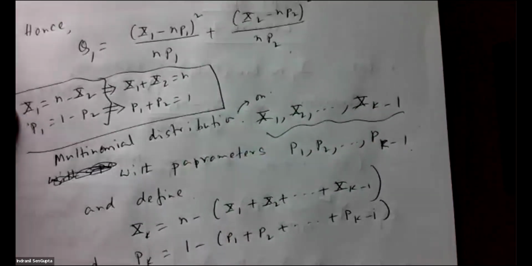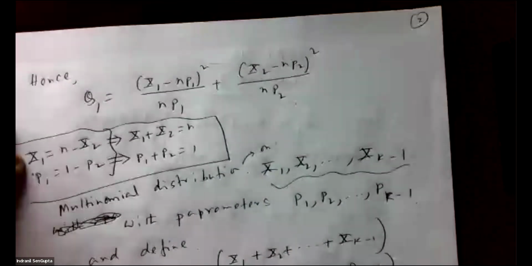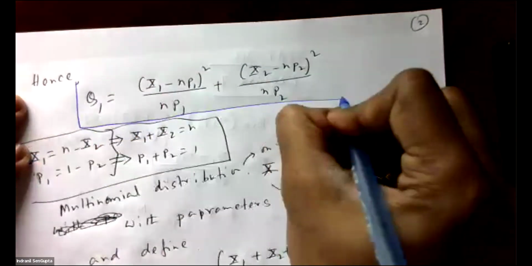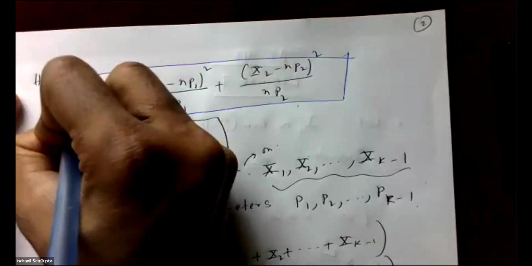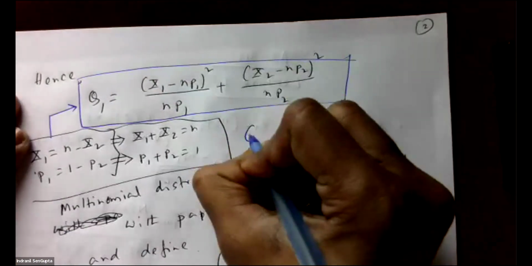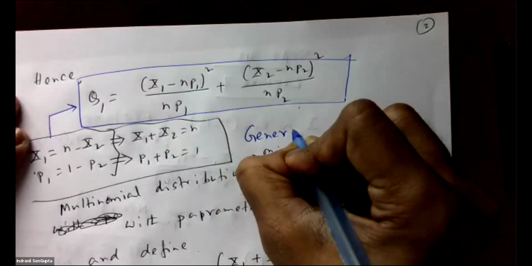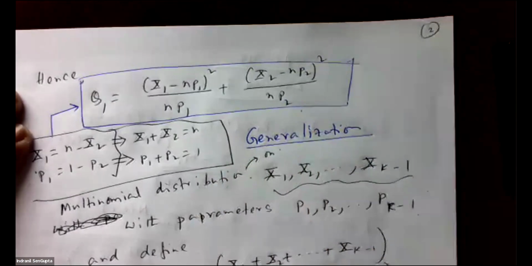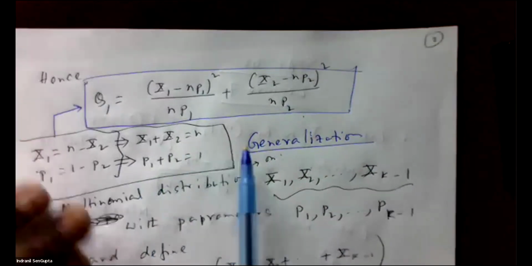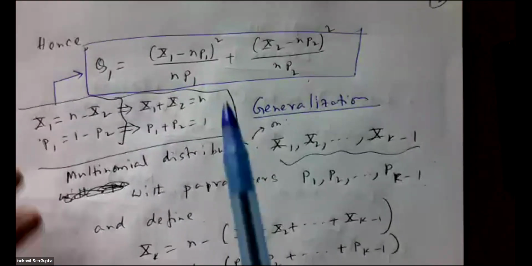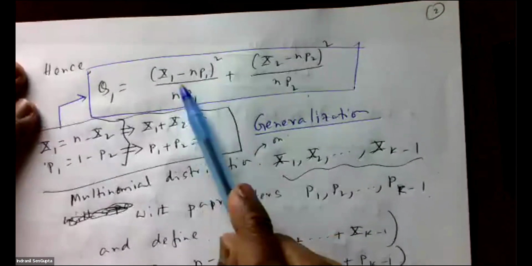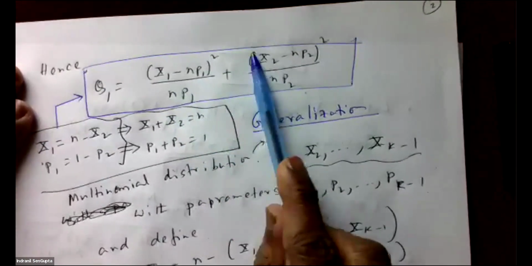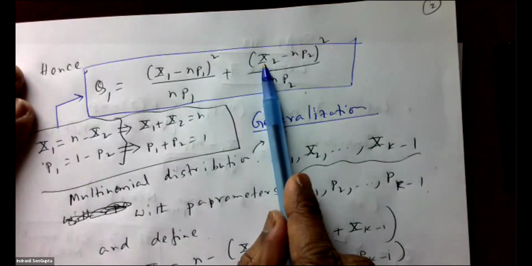If we did that, so after we obtained this Q1 corresponding to this one, we want to generalize it. But before doing that, please note that this X2 is constructed out of X1.